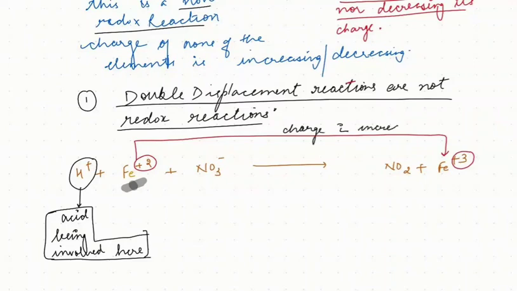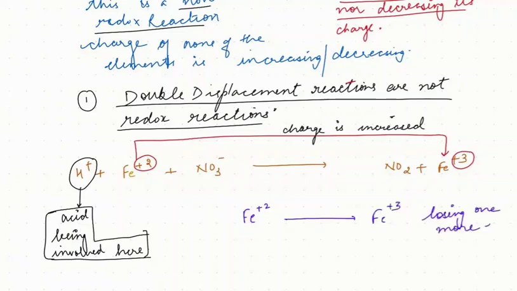The second thing would be, if you look at Fe, what is Fe doing in increasing the charge? It is losing one more electron. You understand my point?